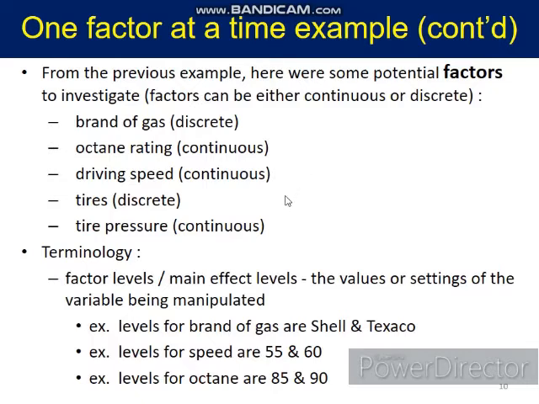The factors can be continuous or discrete, and you also have to identify the levels of the factor. If the factor is continuous, then it must be expressed with numbers. If it's discrete, then it can be expressed by brand, and so on and so forth.